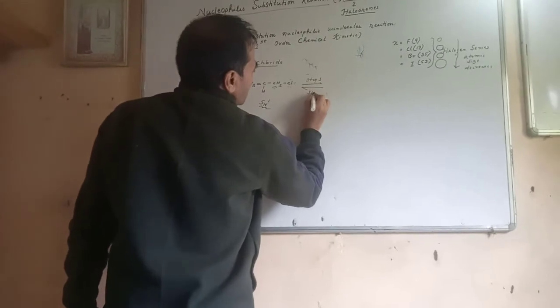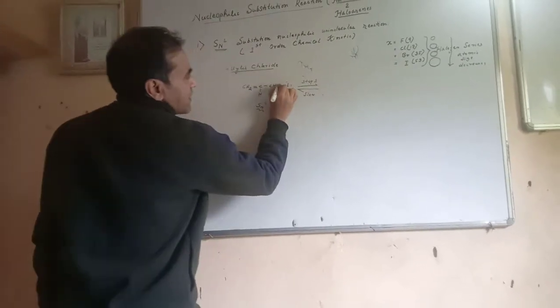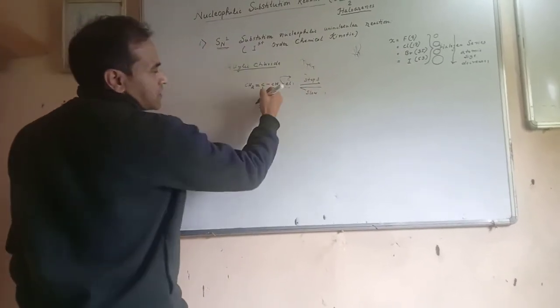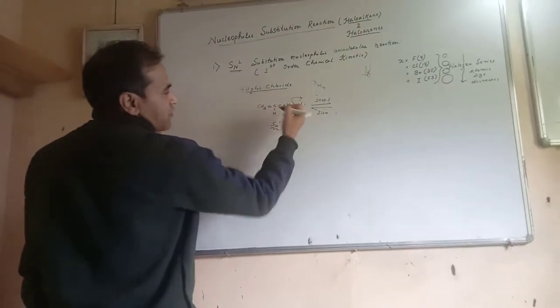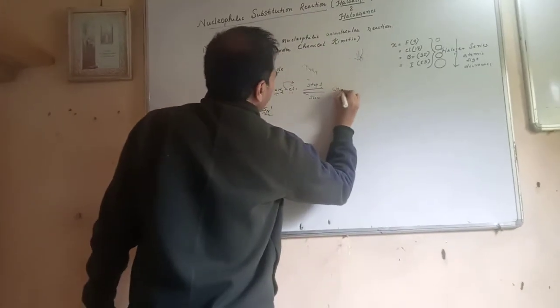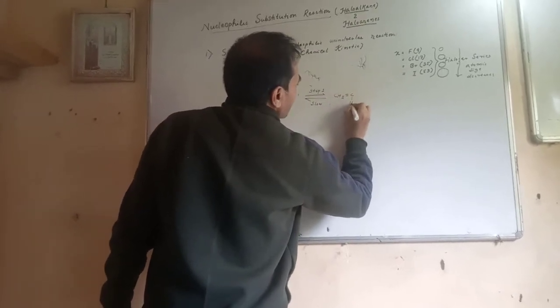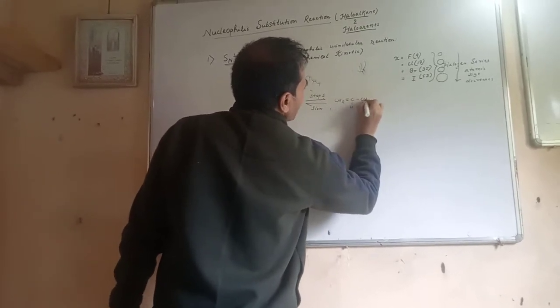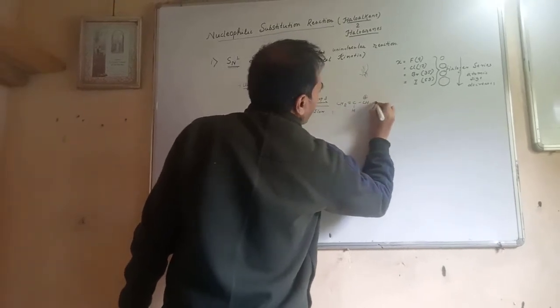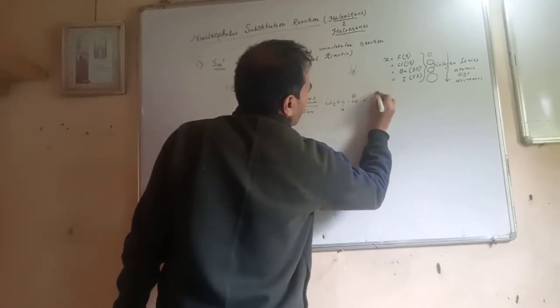Now, this will be a slow step. Here will be cleavage of this polarized bond, which is nothing but carbon and chlorine. What is going to be generated? CH2, CH, CH2 carbocation, and chloride goes back.